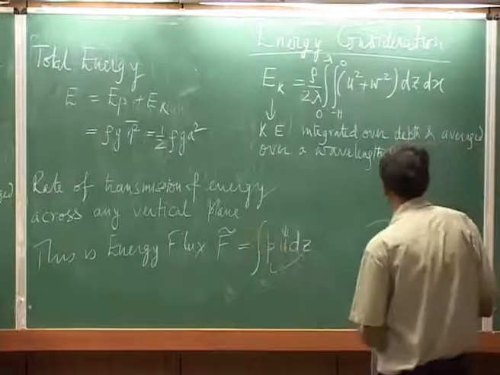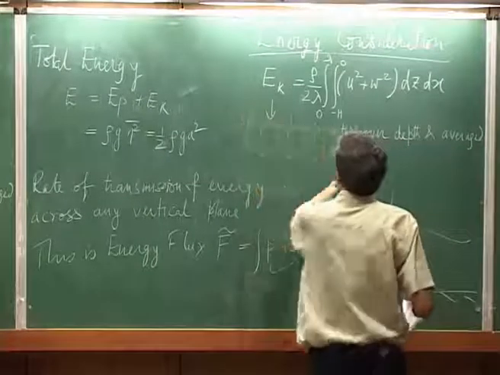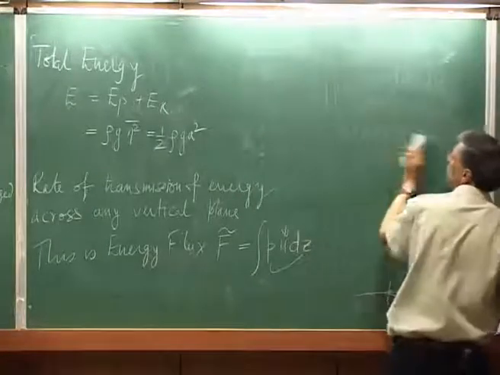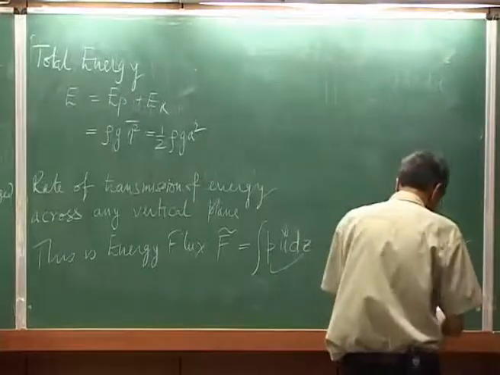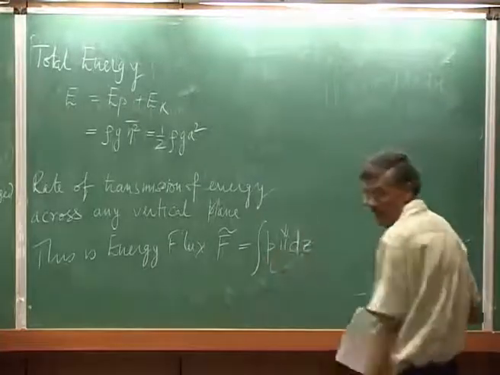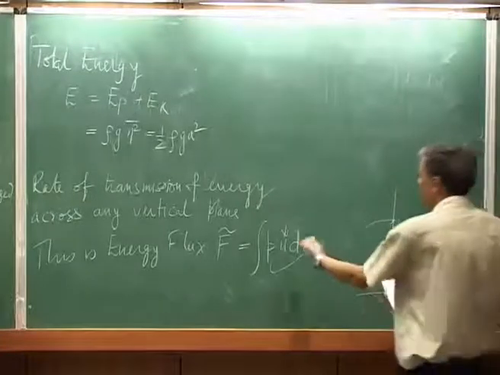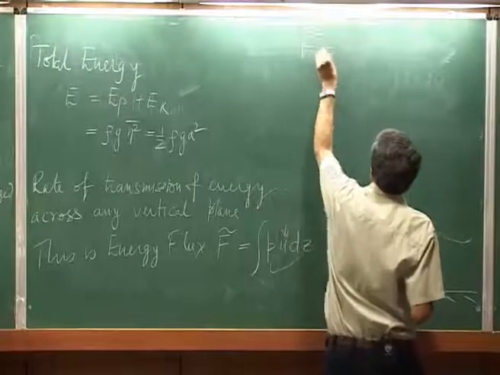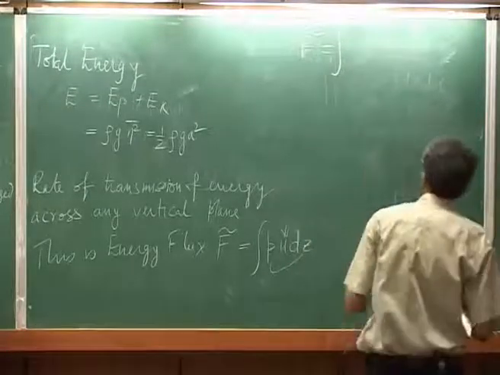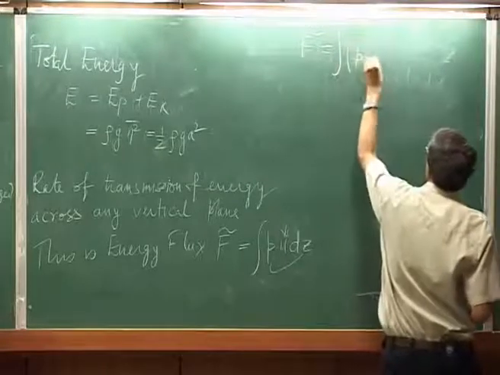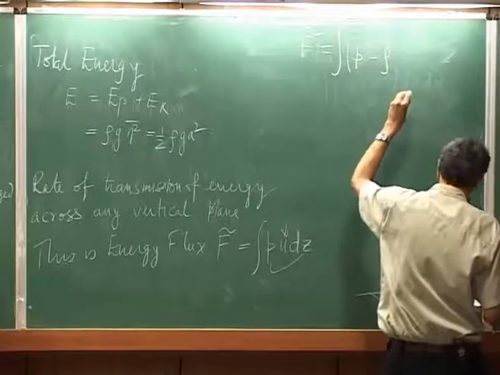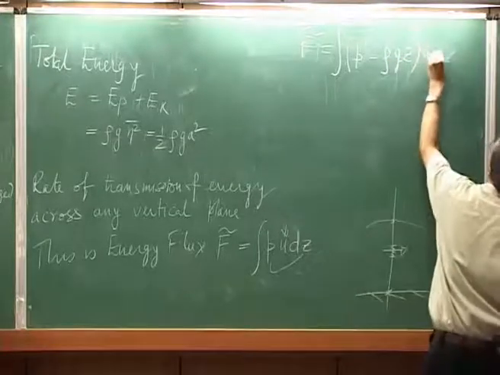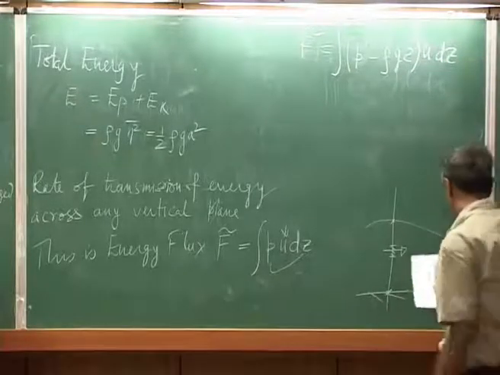Now, I have just erased, but you can look at your class note that P prime, this P is the pressure. So, I can write it in terms of the fluctuation. So, what I would get is F tilde would be equal to P prime minus rho g z times u dz, right. So, it has two components.